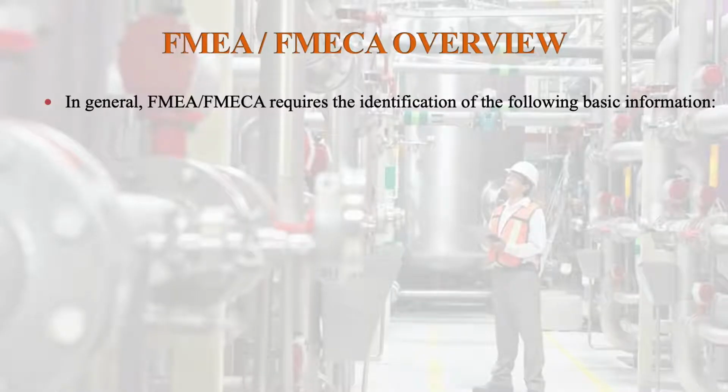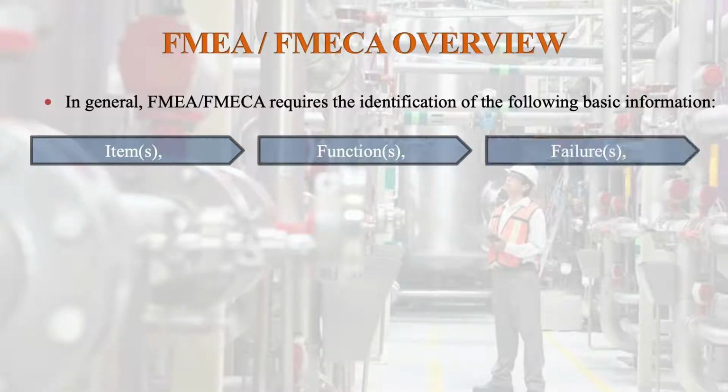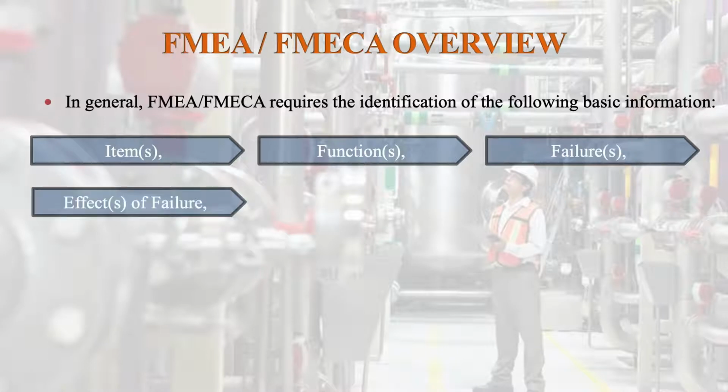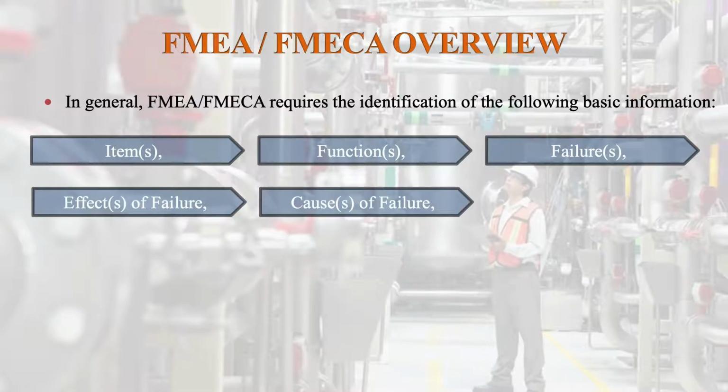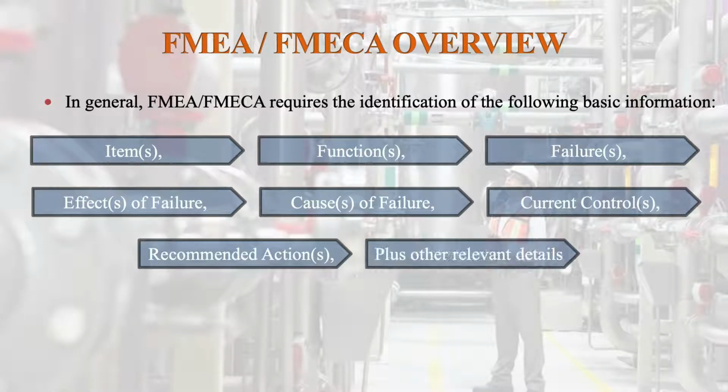FMEA and FMECA overview. In general, FMEA/FMECA requires the identification of the following basic information. So while conducting FMEA and FMECA, we need some basic information: items, functions, failures, effects of failures, causes of failures, current controls, recommended actions, and other relevant details.